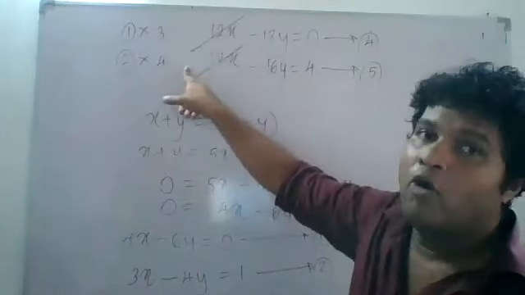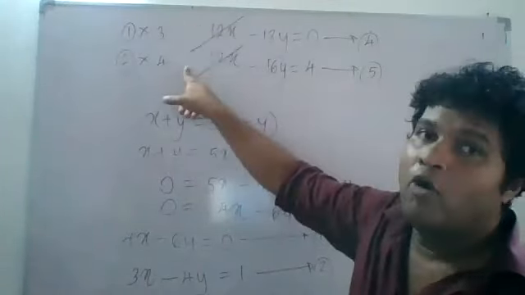Subtraction. Now, minus 18y, minus minus getting plus 16y, and 0 minus 4 is minus 4. It's minus 18y plus 16y, minus 2y equal to minus 4. Right? You can find y. How to find y?